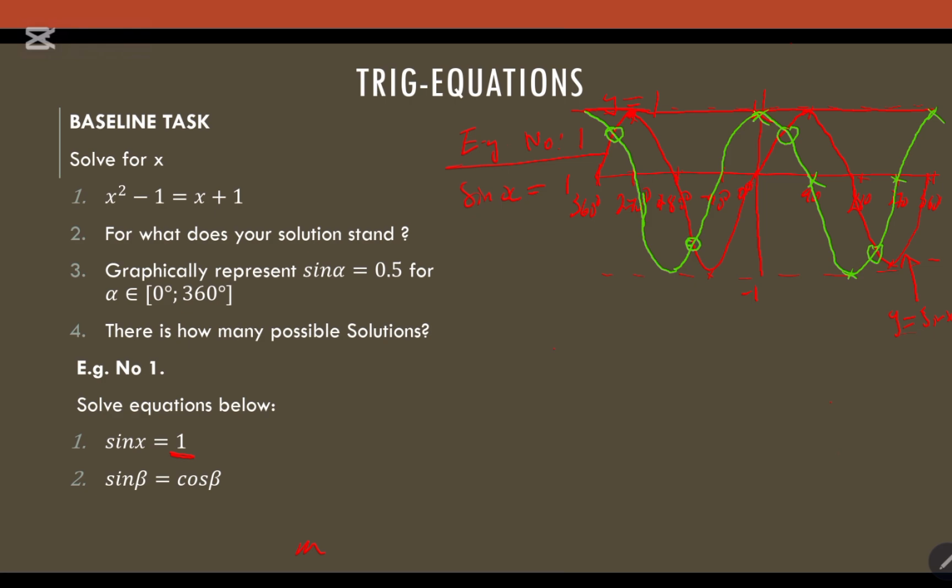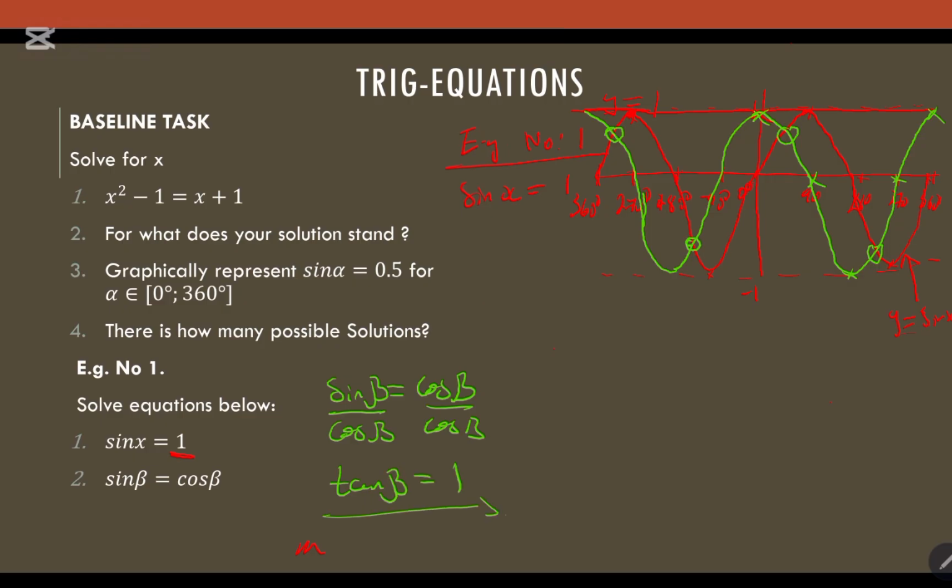Now, if you look at this, one way of dealing with this equation, sine beta is equal to cos beta, is to divide both sides by cos beta, and we get sine beta over cos beta. From those quotient identities, we see this is tan beta is equal to 1.